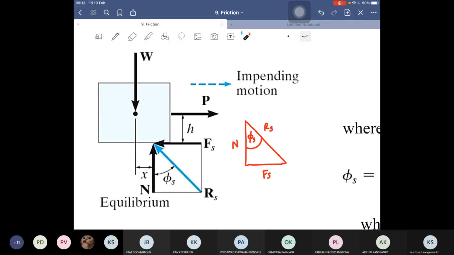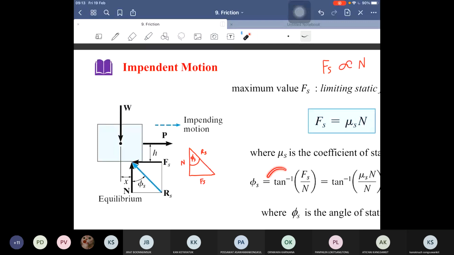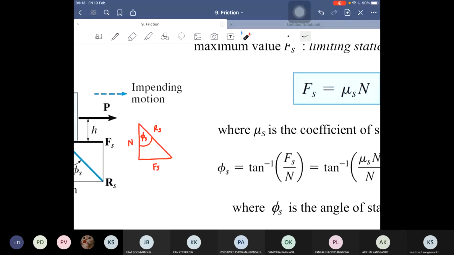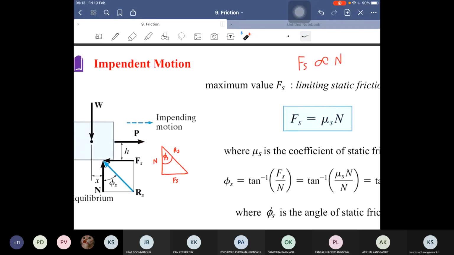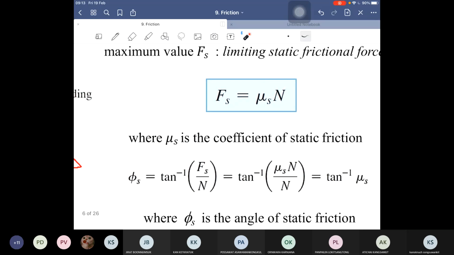So we can use the trigonometric method to find this angle phi s using arctan. We have phi s equal to arctan Fs by N. And we can also replace Fs equal to mu s N in this equation. Okay, the N will cancel out, and we have only mu s left.